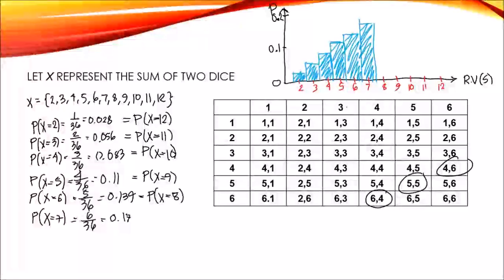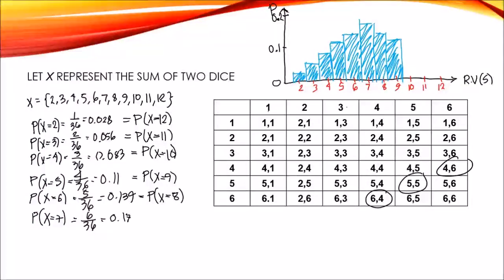Okay, now when x equals 8, that is the same as with x equal to 6, so it is symmetrical, correct? So symmetrical, same as with x equal to 9.